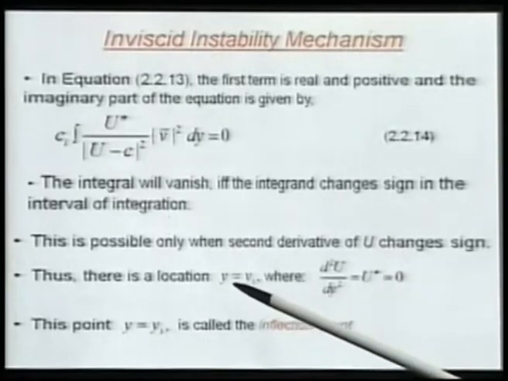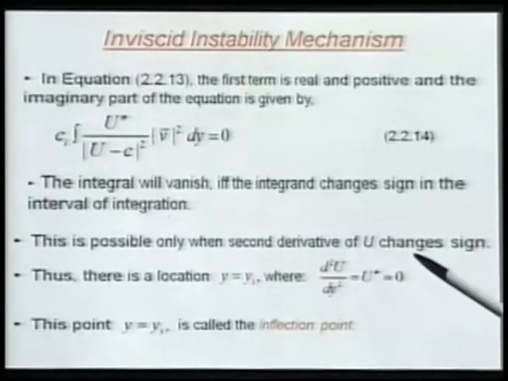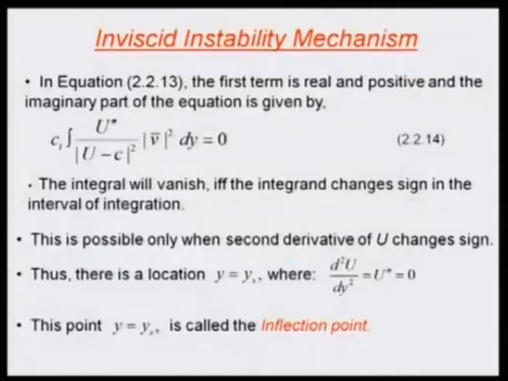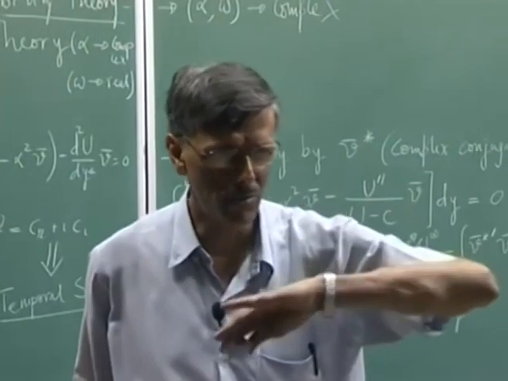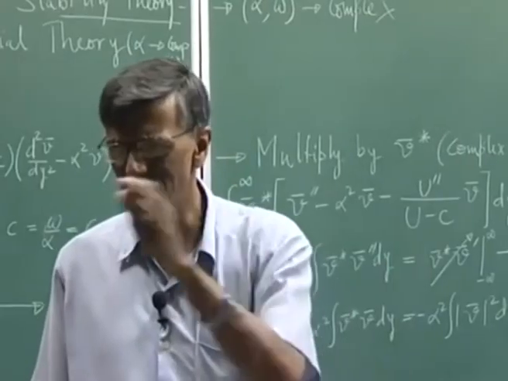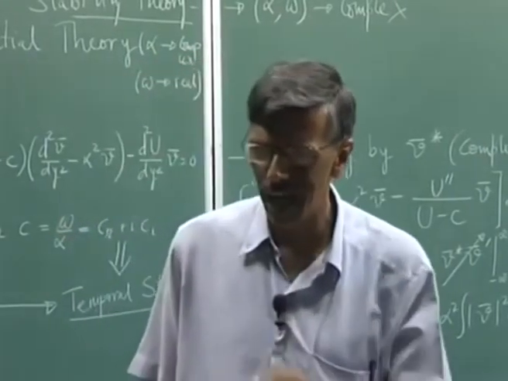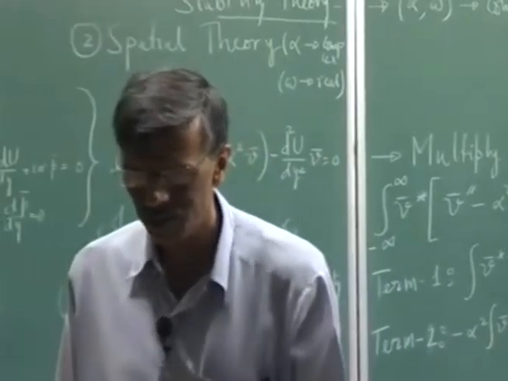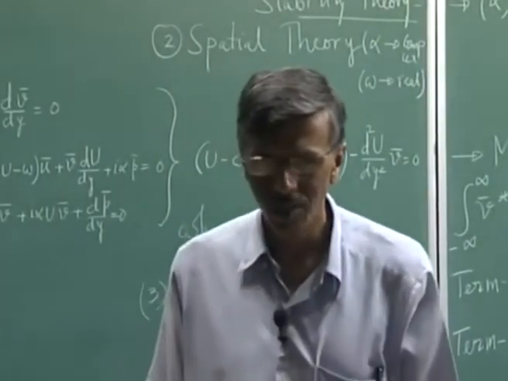and this is possible only when the second derivative of u changes sign. Thus, there is a location y equal to y s, I will call that, where the second derivative equals 0. This point is called the inflection point. You are familiar with the concept of inflection. If I am defining a curved surface, y as a function of x, then the first derivative provides us with the slope.